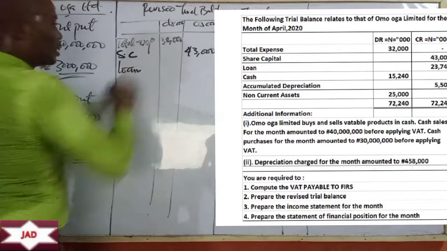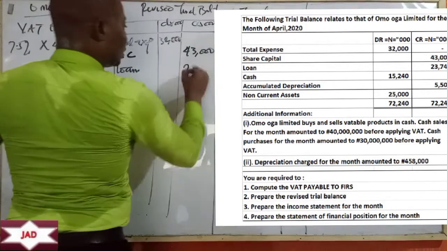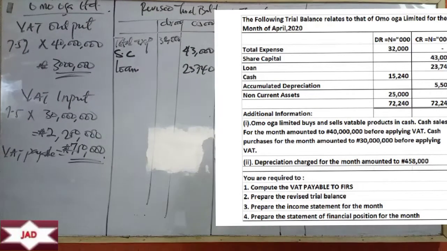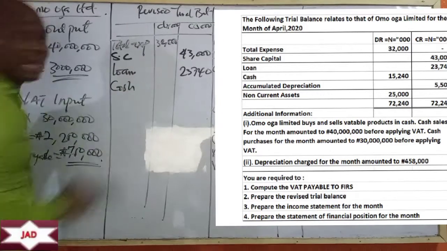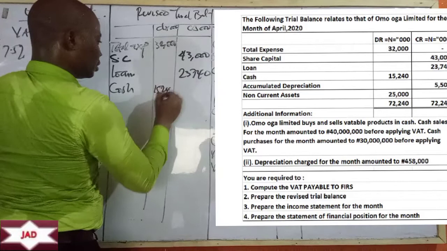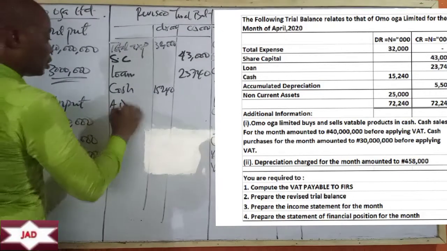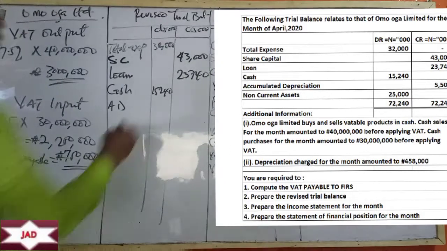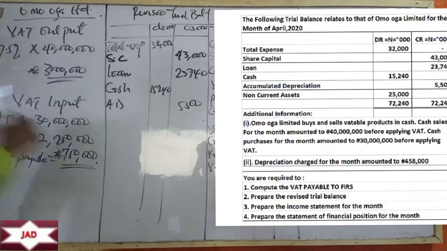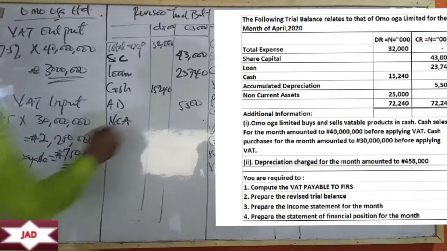Loan there is 23,740. Then cash. Cash there is 15,240. Accumulated depreciation, you have 5,500. Then non-current assets, 25,000.